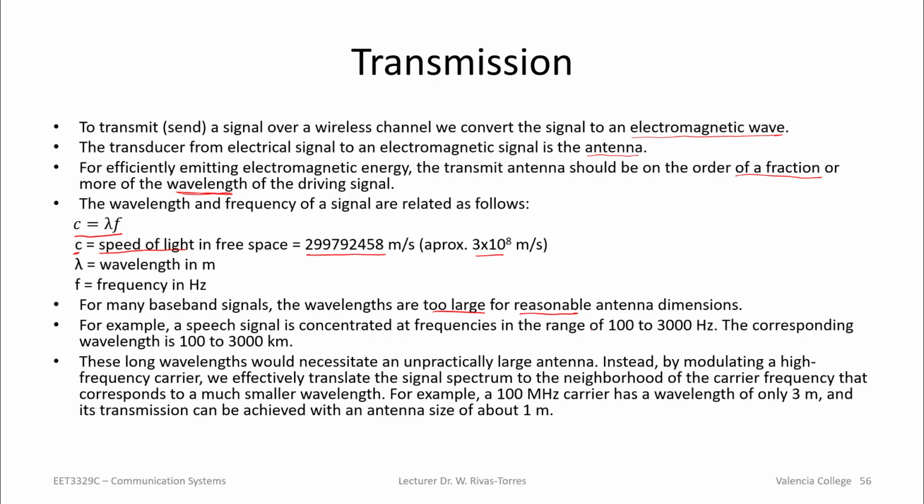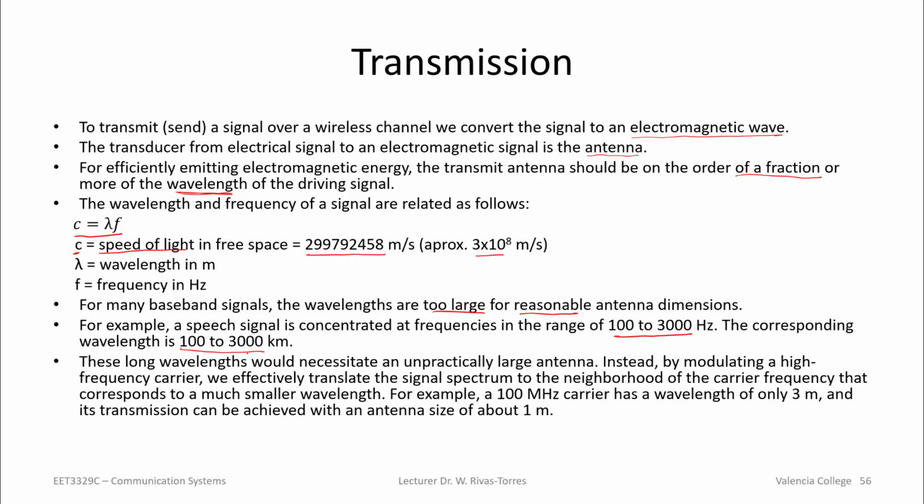Let's say audio, like you guys are listening to me right now. It sits in a frequency range between 100 and about 3,000 hertz. If I convert that using our formula, you'll see that that ends up being anywhere from 100 to 3,000 kilometers. You're not building an antenna proportional to that. That's just way too large. Even 100 kilometers is out of the question.